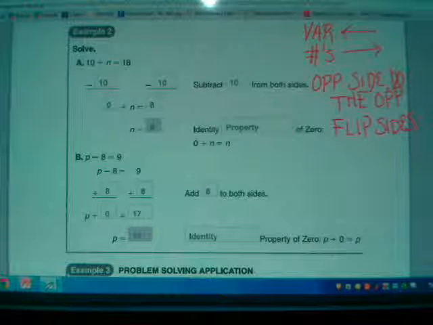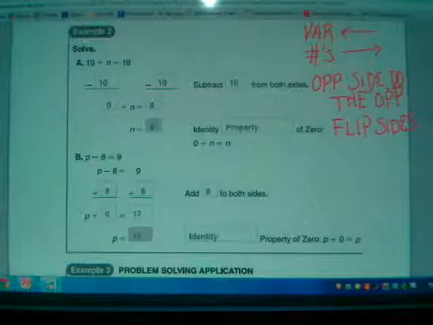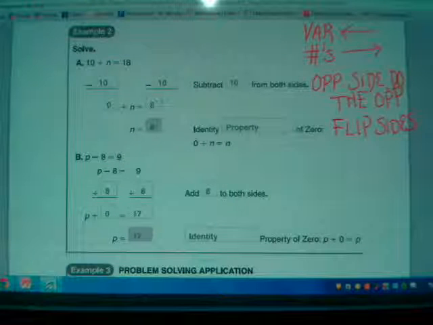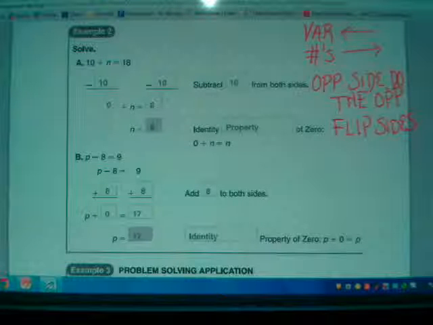Generally, if they give you the variable on the right, and again when I say right, I mean the right side of the equal sign, that's generally a question where you're going to want to flip the whole thing. You just literally invert the left and the right side and then work through the rest of the rules. That will save you from doing opposite side, do the opposite a bunch of times, which turns out to be more work than just flipping the two sides.